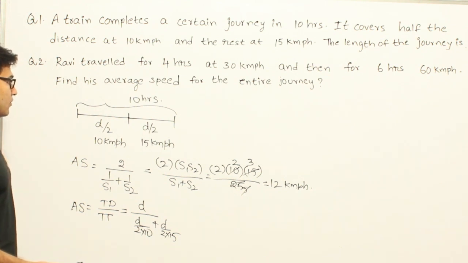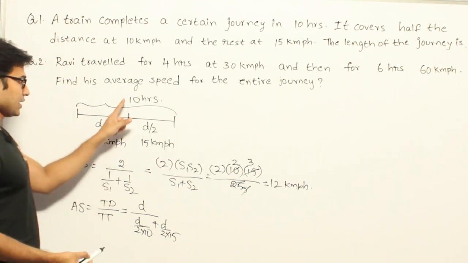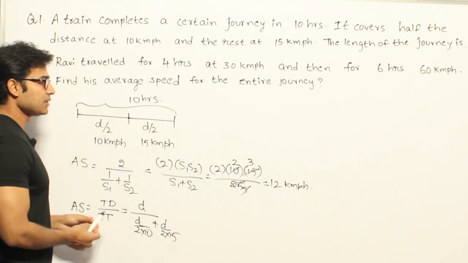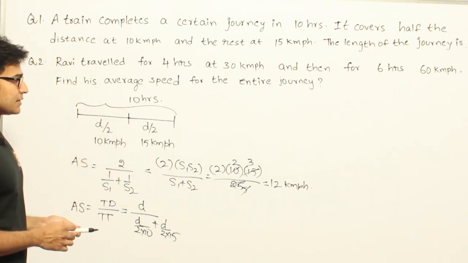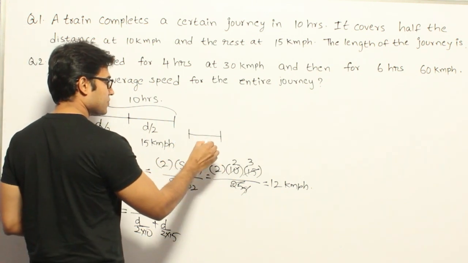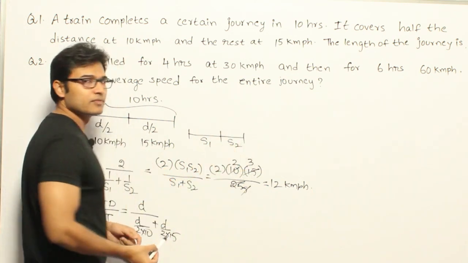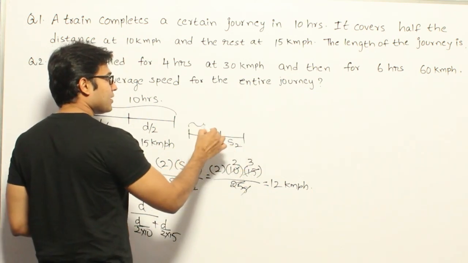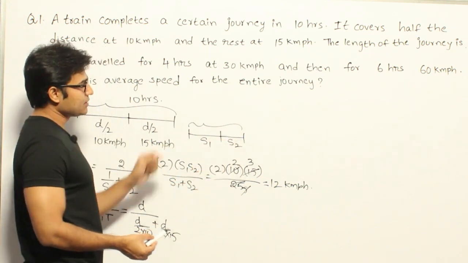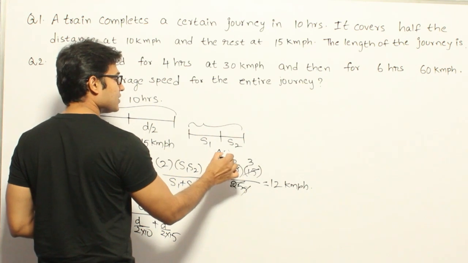Okay, now after finding out this, this is what is average speed. Now the total time is given and average speed is given. See, what is the meaning of average speed is like this: if you are traveling some distance for some speed s1 and if you are traveling some other distance for some speed s2, whatever time you had taken, you would have taken the same time if you would have traveled the entire distance over the average speed.